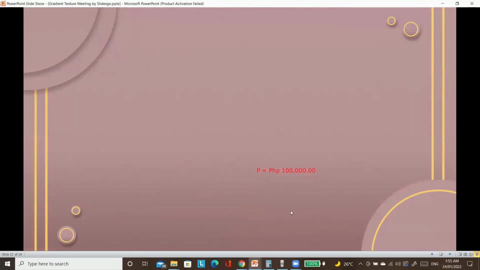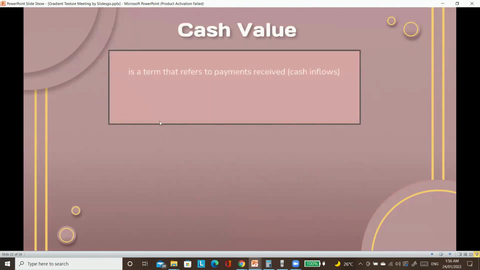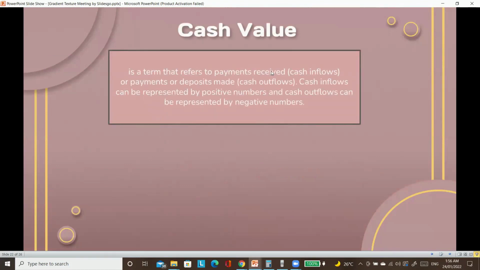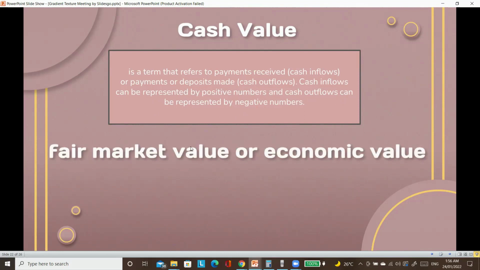So next, cash value is a term that refers to payments received or cash inflows, or payments or deposits made or cash outflows. Cash inflows can be represented by positive numbers and cash outflows can be represented by negative numbers.